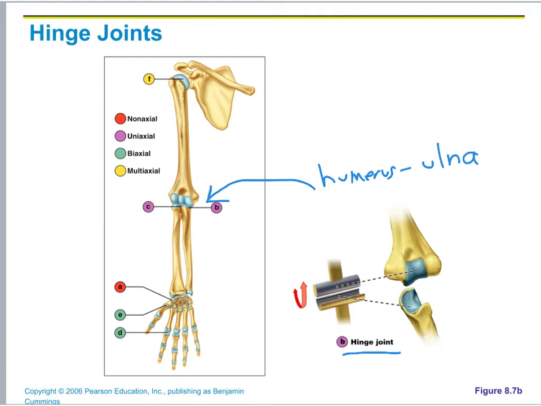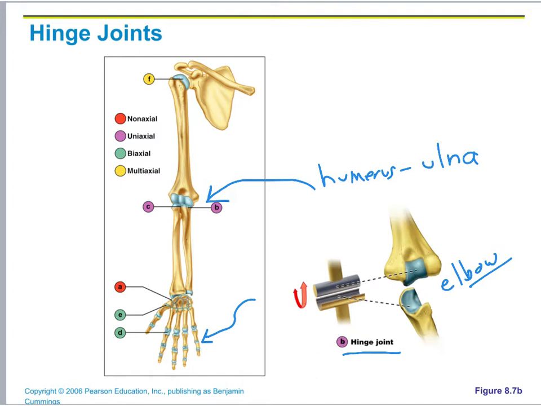And when you extend or open up that same elbow joint, that is also part of movement at that hinge joint. It's not indicated here, but also in the second and third knuckles in the finger. This is also a hinge joint.